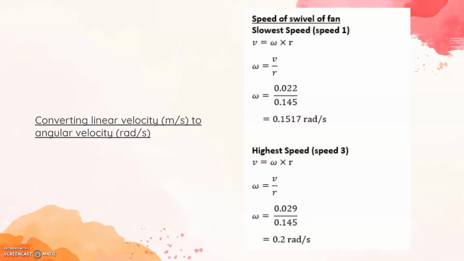After obtaining the linear velocity, we need to convert it into angular velocity by using the formula V equals omega times R. The angular velocity for the slowest speed is 0.1517 rad per second, while for the highest speed it would be 0.2 rad per second.